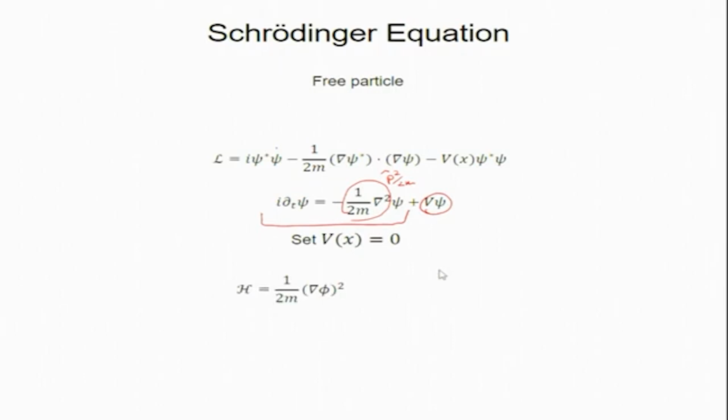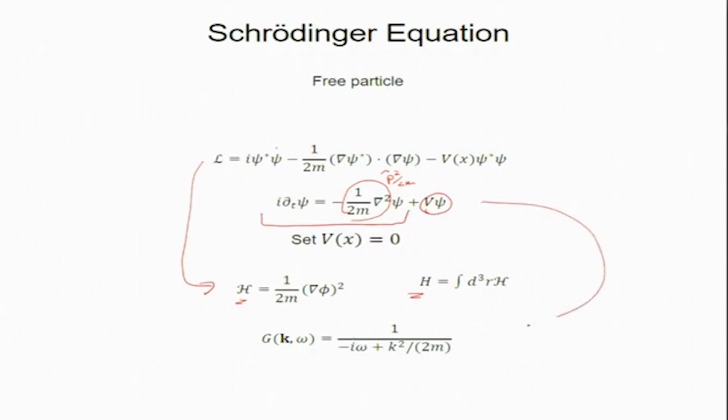The Hamiltonian for this system is this, which we can derive from this Lagrangian. In fact I derived it in the class. This is the Hamiltonian density, and the total Hamiltonian is over whole space. The Green's function is this, and we can derive it straightforwardly from this equation.